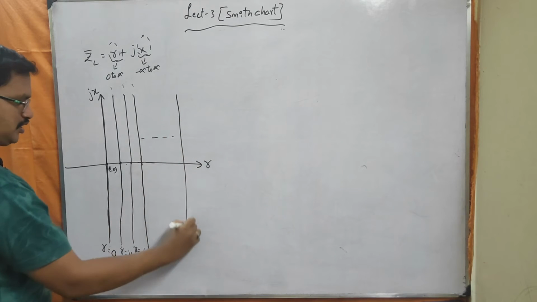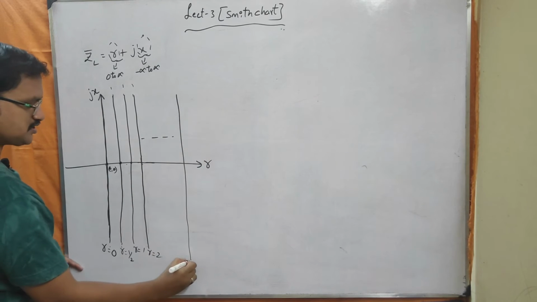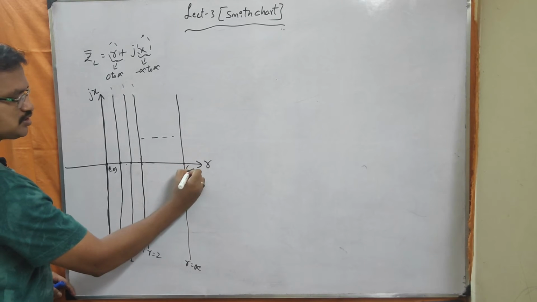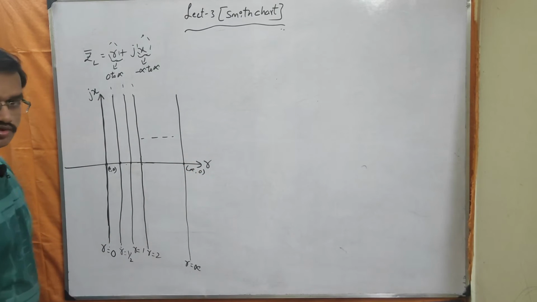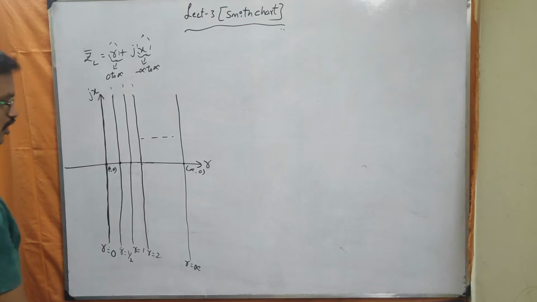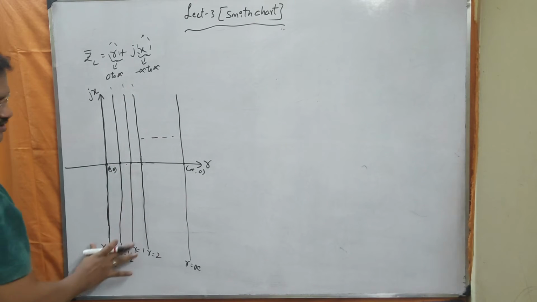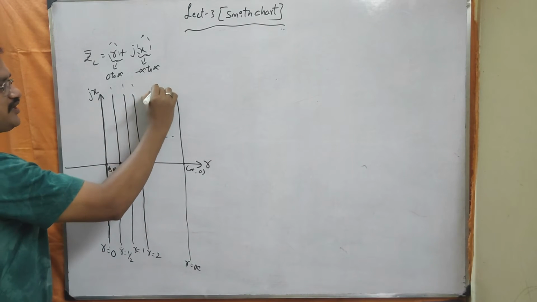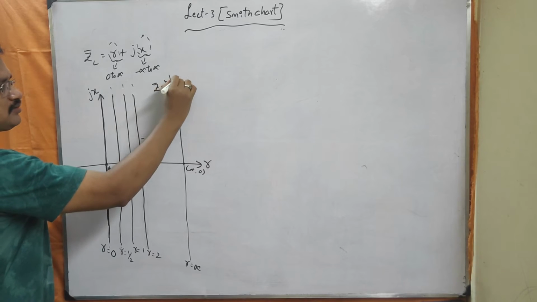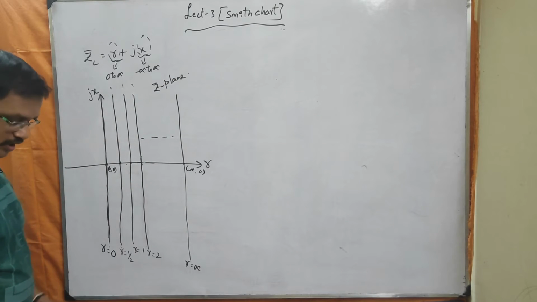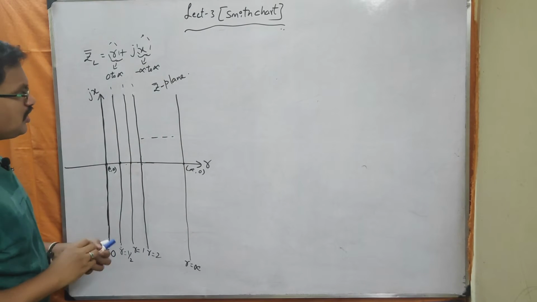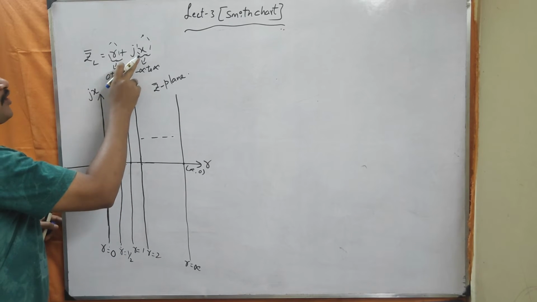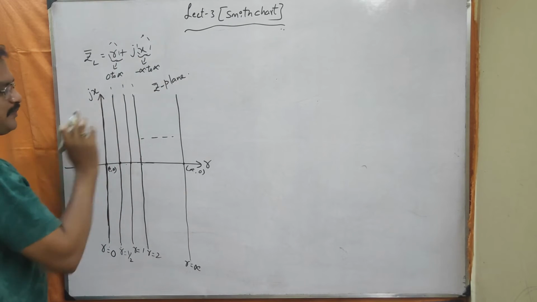Up to infinity. So let us say this line represents R is equal to infinity, and this point is nothing but what? Infinity, 0. Understood? Okay. So these are the constant resistances on the impedance plane. This plane is nothing but what here? Impedance plane.